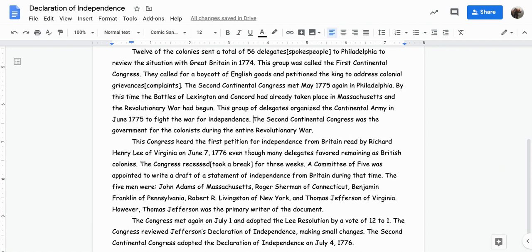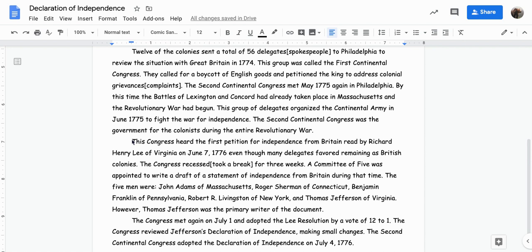This Congress heard the first petition for independence from Britain read by Richard Henry Lee of Virginia on June 7th, 1776, even though many delegates favored remaining as British colonies.